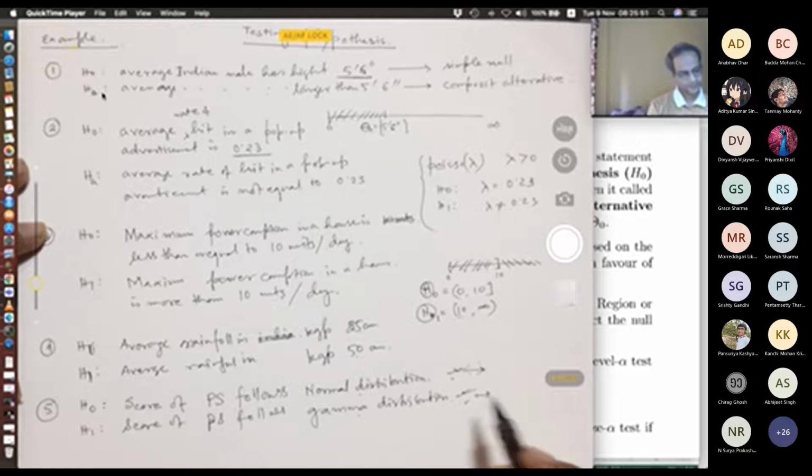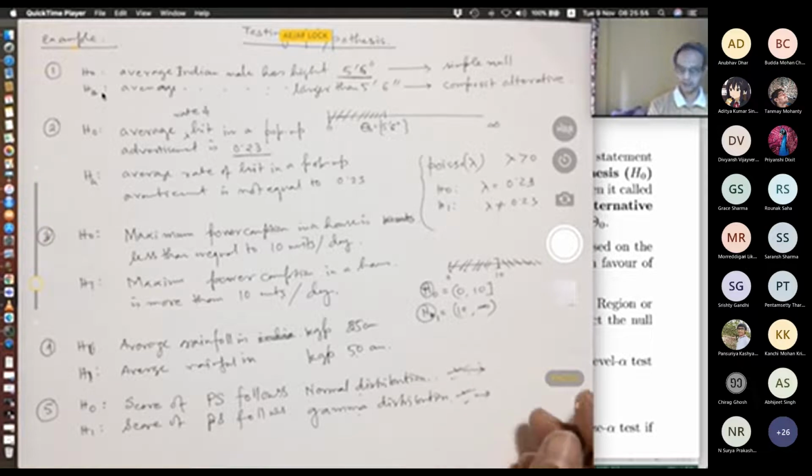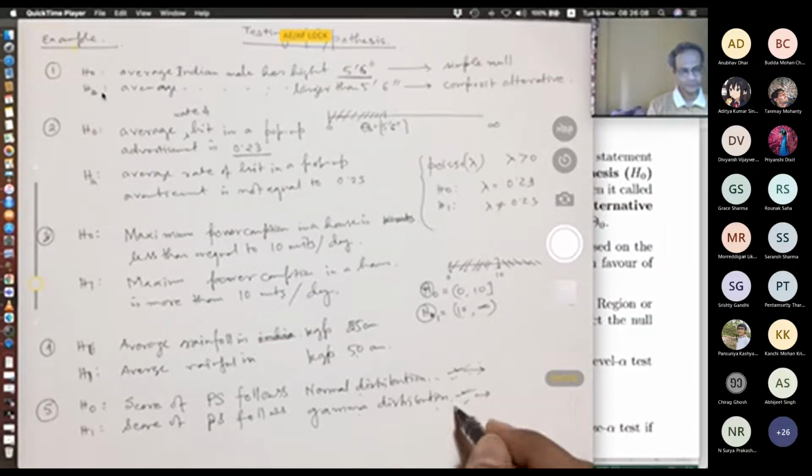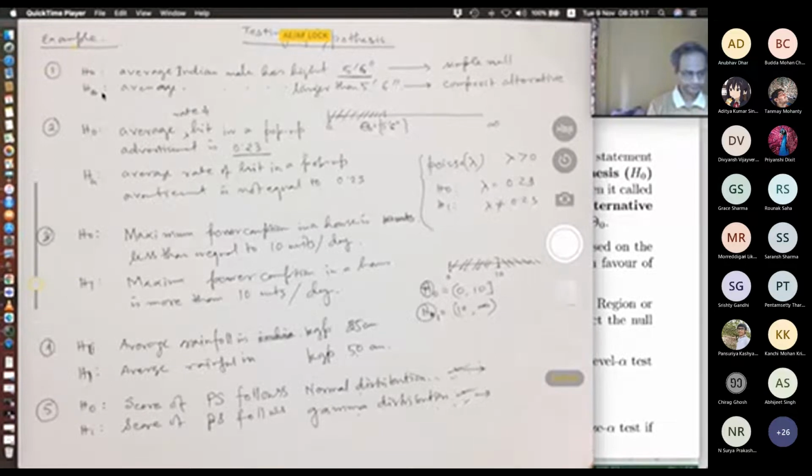If I specify normal distribution with mean 50, variance 5, it is a singleton; gamma distribution with alpha something, beta something, lambda something. Here the full family of normal is present, and here the full family of gamma is present. So it is composite. Is it okay? Yes.